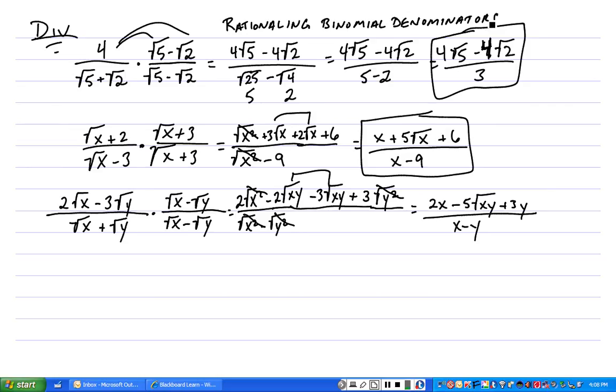That's what we've done. We've rationalized binomial 1, 2, 3. All of them started off as a fraction with 2 terms in the denominator, so binomial denominators.